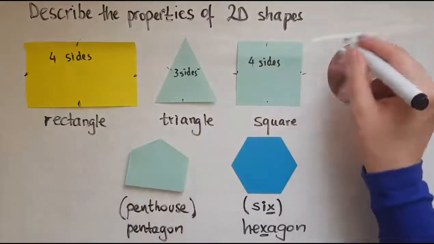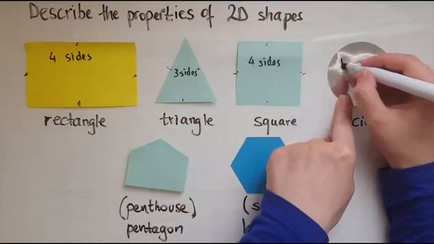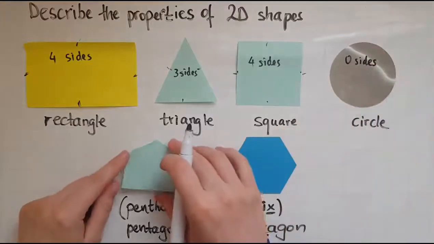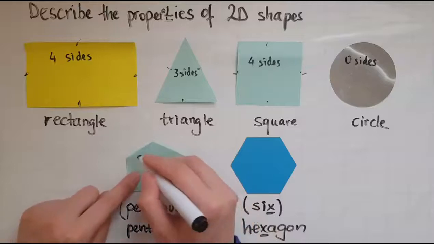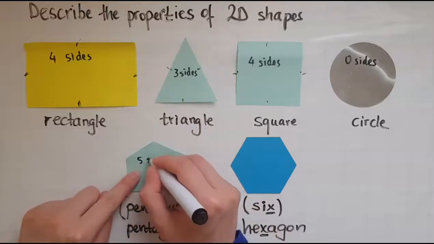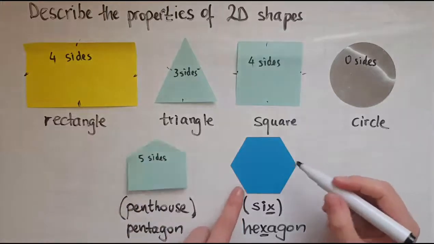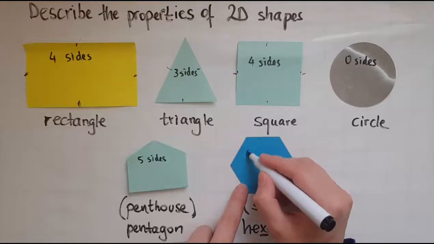A circle, since it's not a straight line, it has no sides. So 0 sides. A pentagon has 1, 2, 3, 4, 5. A hexagon has 1, 2, 3, 4, 5, 6.